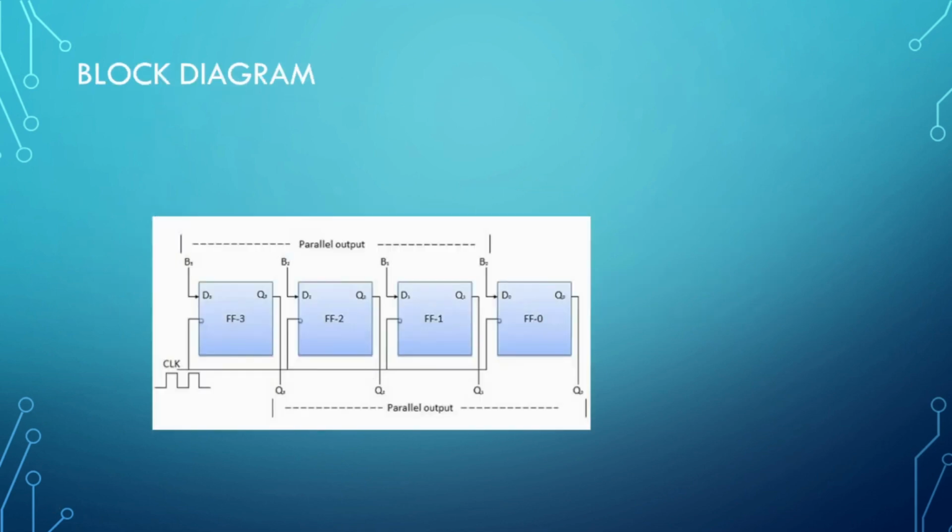So this is the block diagram of parallel in parallel out. See here, these are the parallel inputs and this is the parallel output.